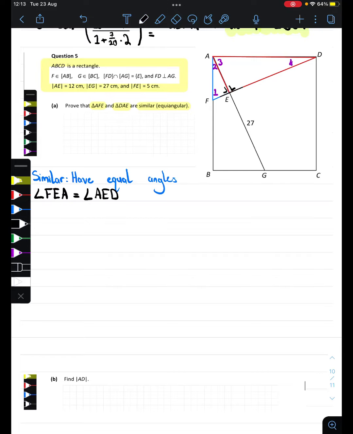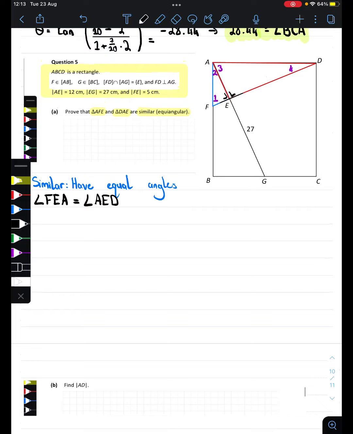Because AFE is a triangle and our angle here is a right angle, angle 1 plus angle 2 is equal to 90, because there's 180 degrees in any triangle and the other angle is 90.